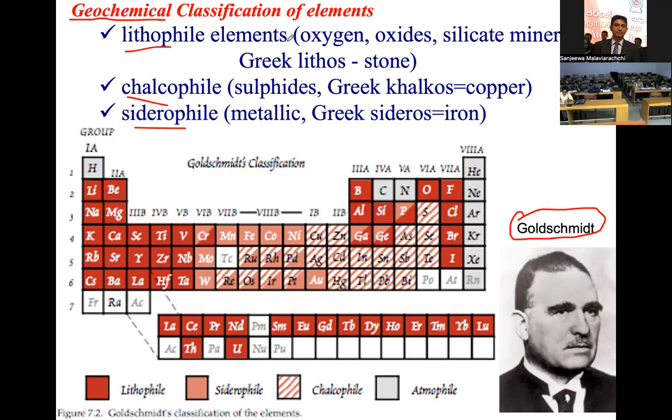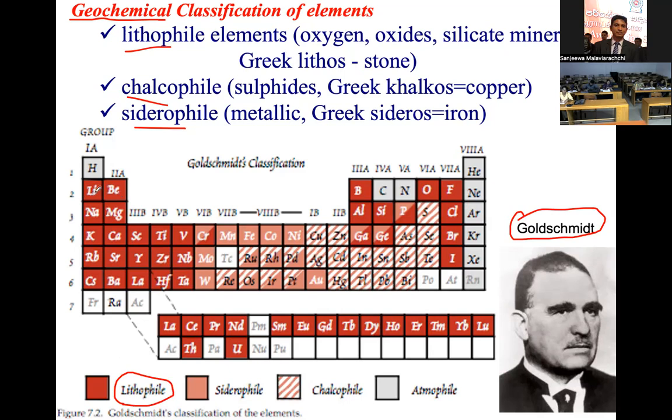Lithophile elements means the rock-loving elements, right? Litho means rock, right? These lithophile elements, such as oxygen, are mainly in oxide forms, right? And you can see this color for lithophile elements, this red color, right?